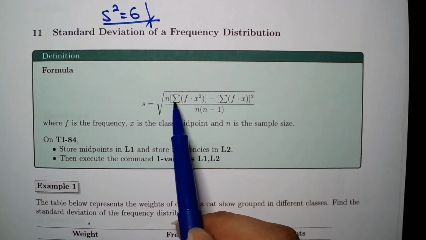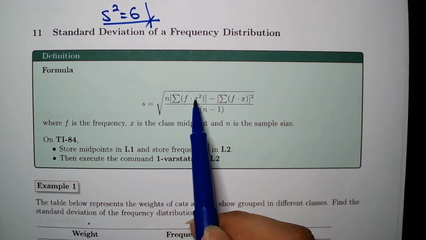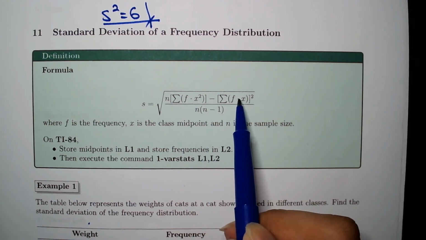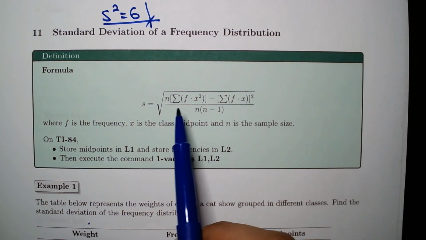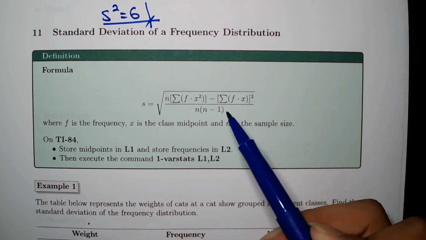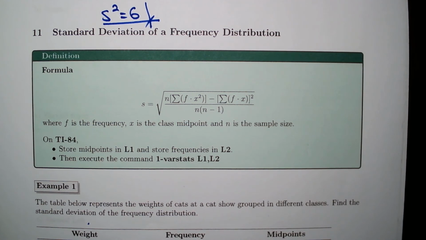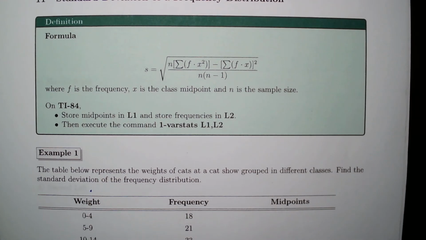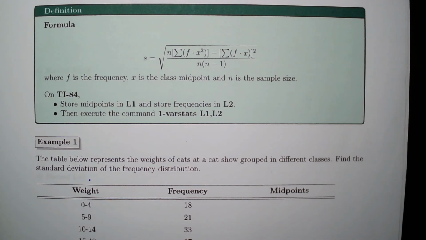It involves the number of data values, the sum of the products of x squared times the frequencies, minus the sum of the products of the frequencies and the data values, the whole thing squared, the whole thing times n times n. Just looking at this formula makes me not even be in the mood for calculating this way. Luckily, there's a way to do this way quicker, using the graphing calculator.